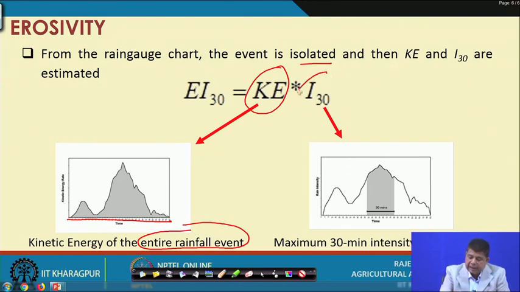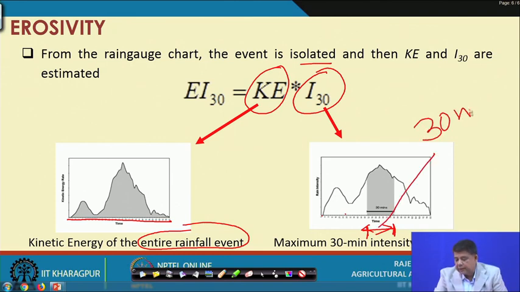For estimating the I30, as the name itself suggests, we have to look into the entire storm and look for the 30-minute duration where the rainfall intensity is maximum, and that is why it is defined as the maximum 30-minute intensity during the event.